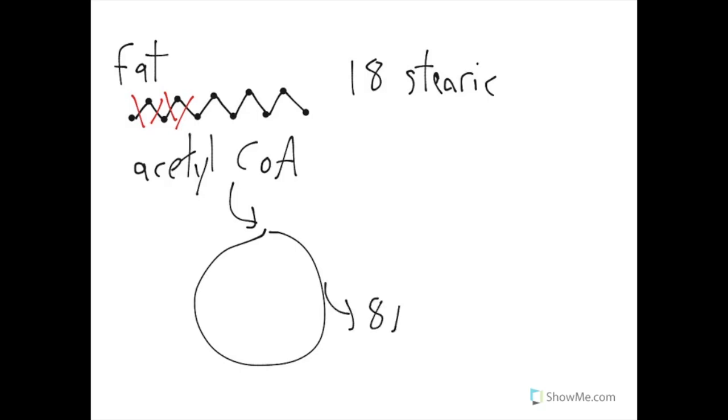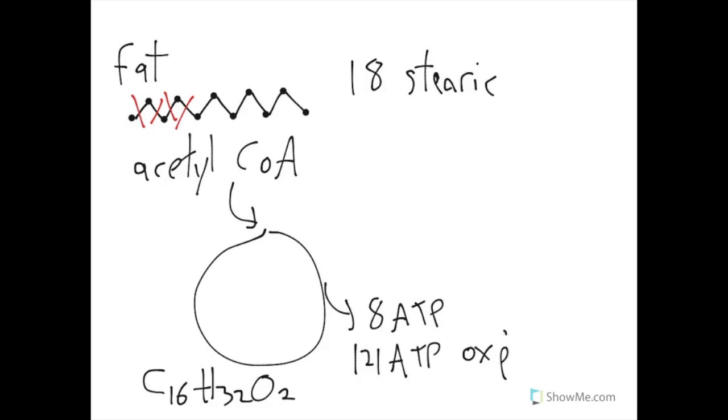That generates about 8 ATP. For example, if we use a 16 carbon molecule of fat, which we'll represent as C16H32O2, and then 121 additional molecules of ATP via oxidative phosphorylation and the electron transport chain.